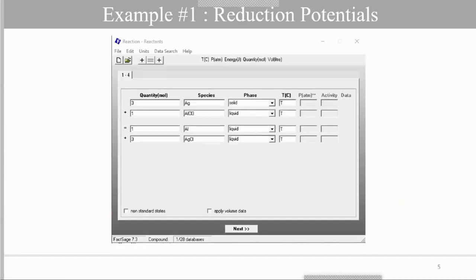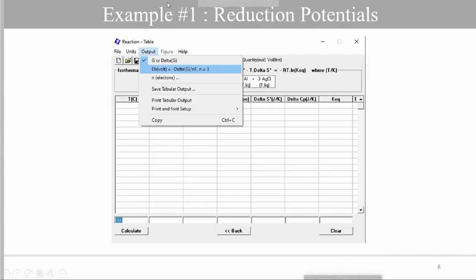So to do this, we input in this window our reference phases and our species and the stoichiometric composition of it. And then we select in the output that we want it in volts, and you can see what is the formula for this.